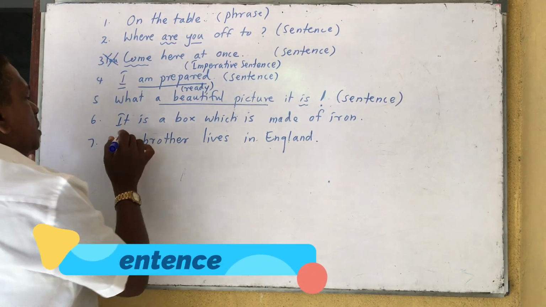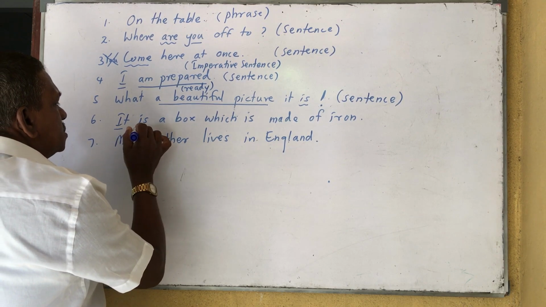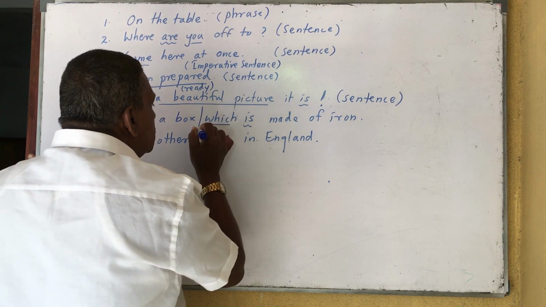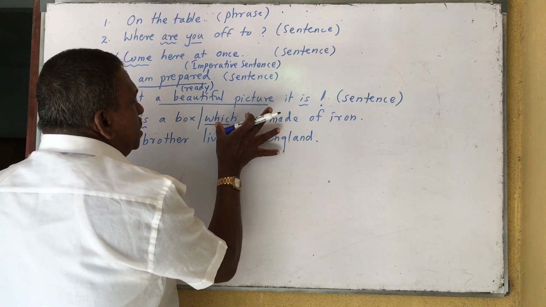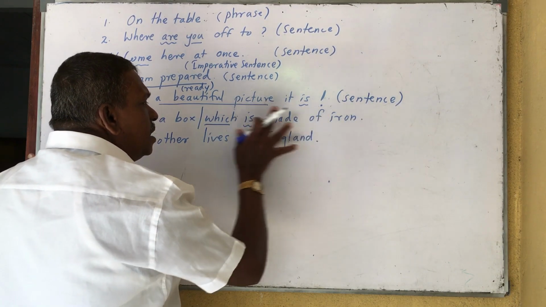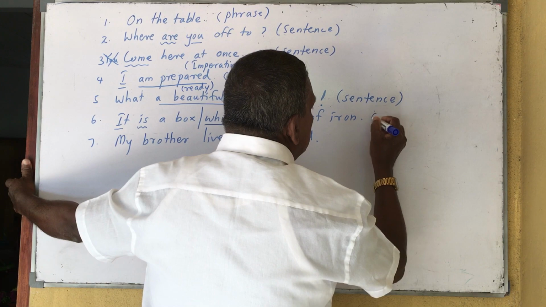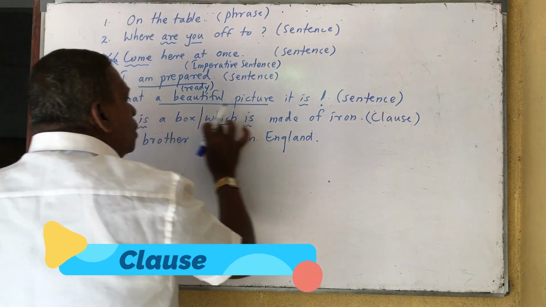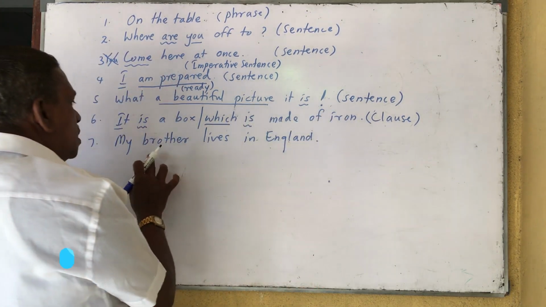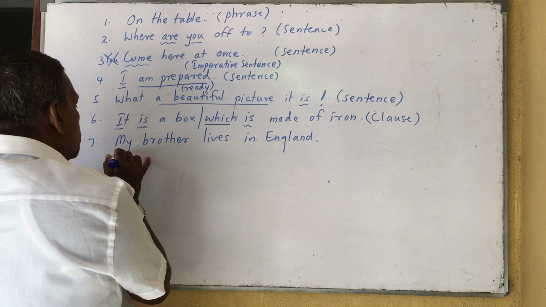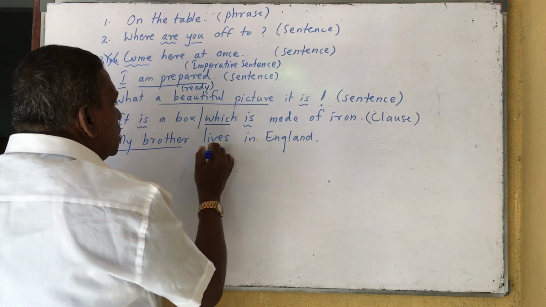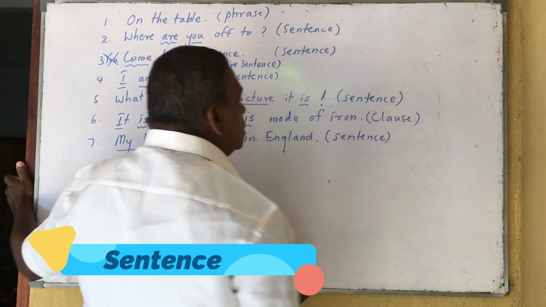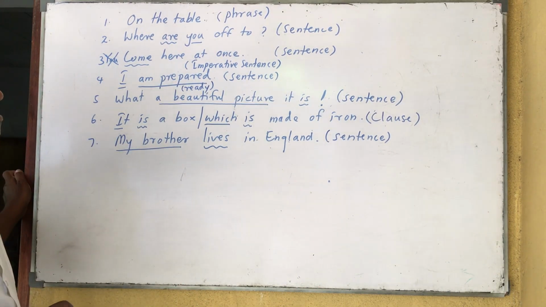Then this one. Now here subject and a verb. Here again the subject and the verb. But this part is not complete. When we consider this part separately, it is not complete. So it is a clause. When we think about the whole sentence, it is a sentence. My brother lives in England. My brother subject, lives verb. It is a sentence. I think you have understood the lesson.